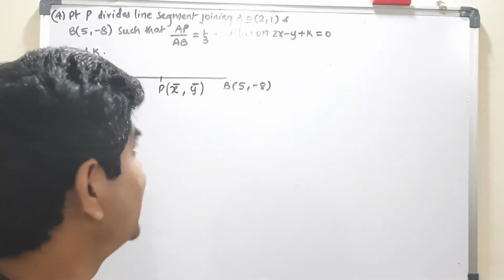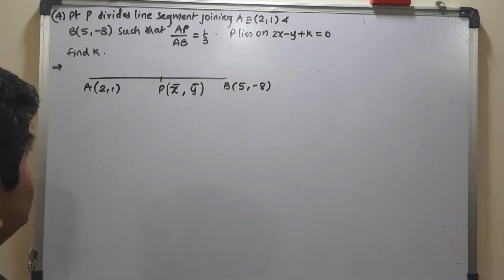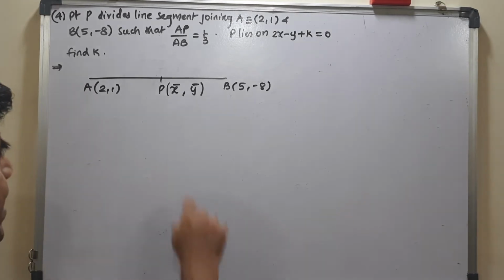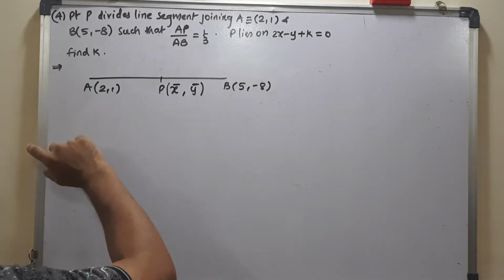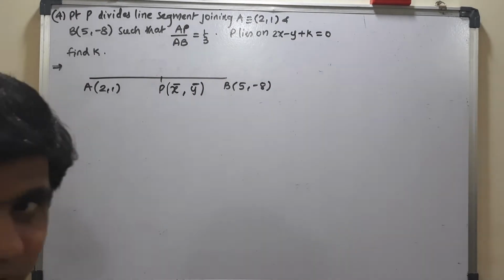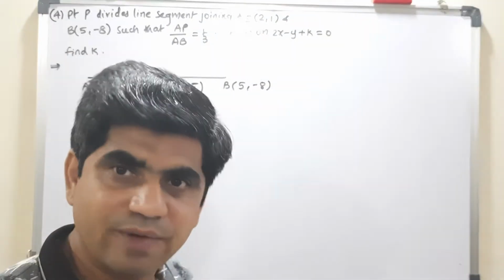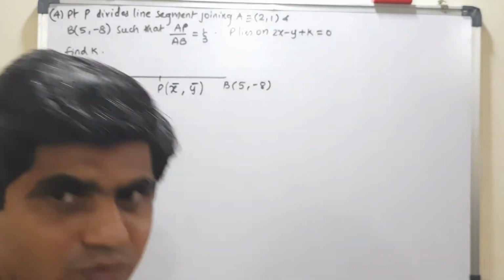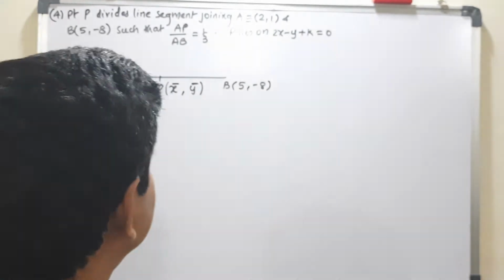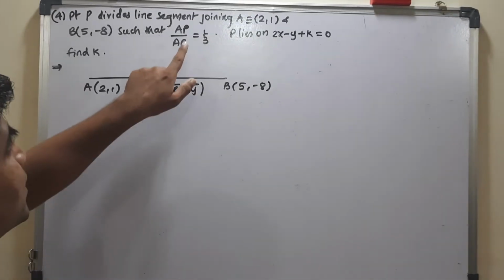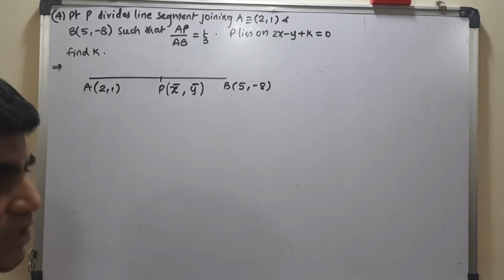Otherwise I would say this point A is dividing PB externally in the ratio 1 is to 3. That also will work, and the external division formula we have already seen. But if you don't want that, here AP is to PB is 1 is to 3.